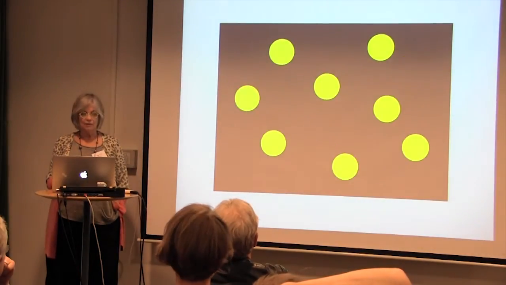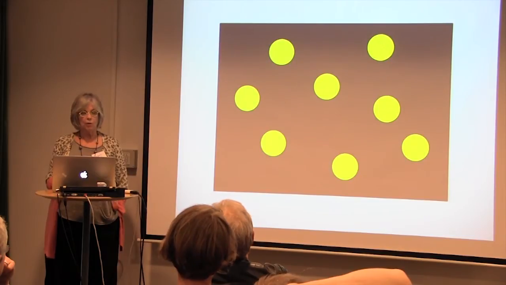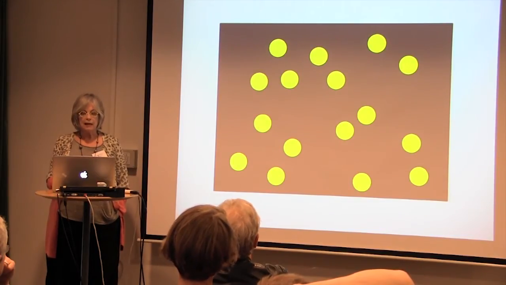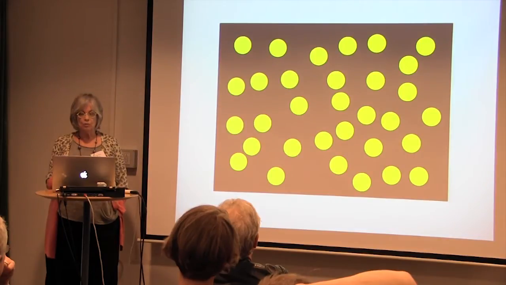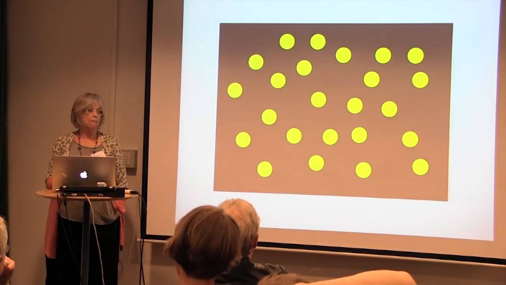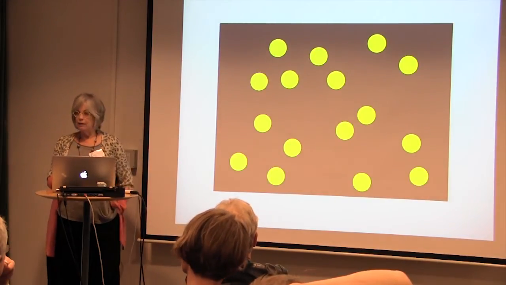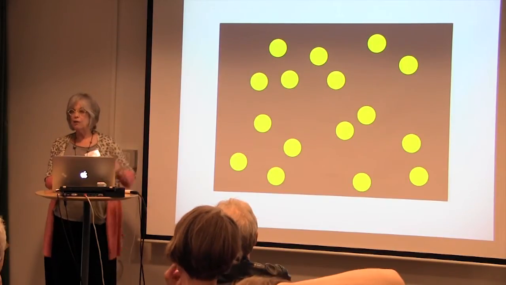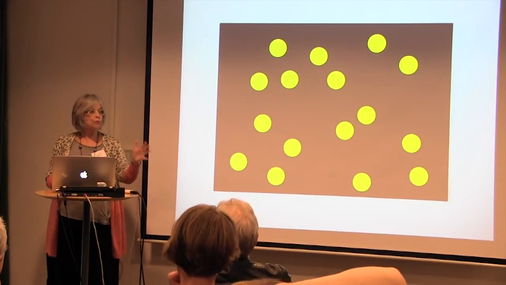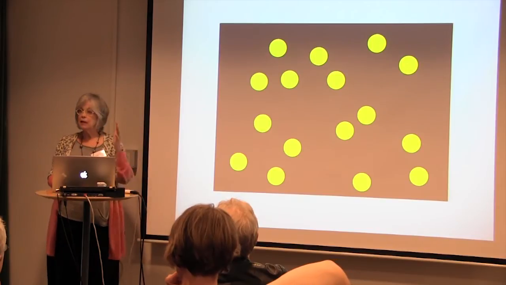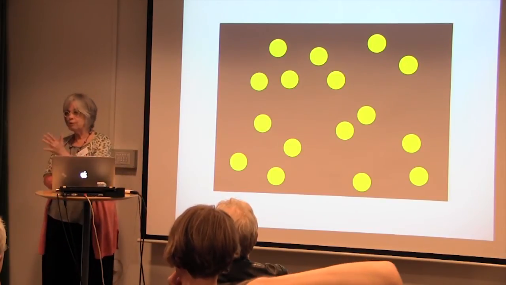It was 16, 8, 32, 24. Now, if I had calibrated you, so if I had shown you what 100 dots is, the average you would have given would have been 16, 8, 32, 24.